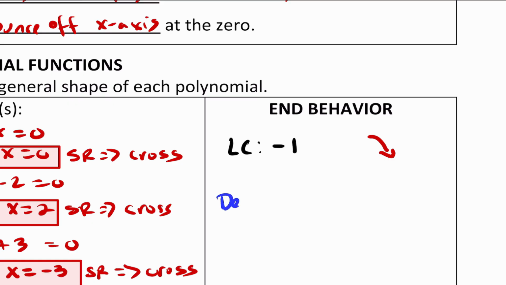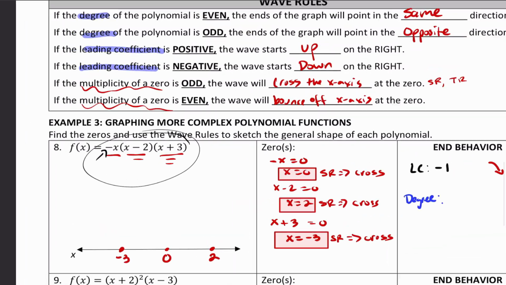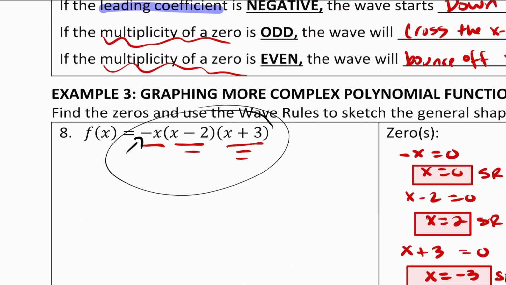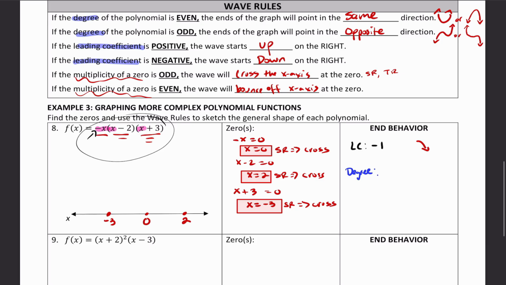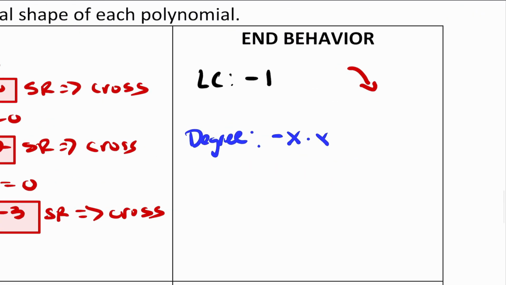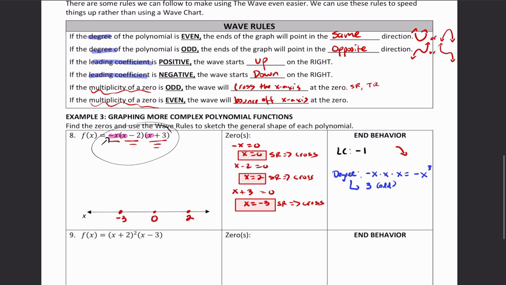The next thing I have to figure out is the degree. Going back to my polynomial equation, I can FOIL this and figure out the degree, or I can just multiply all of these x's. I have -x, x, and x, so -x times x times x is -x cubed. So the degree is 3, and we know it's odd.